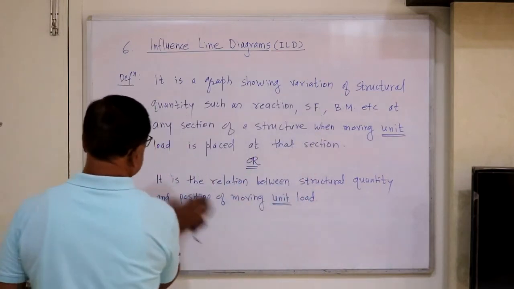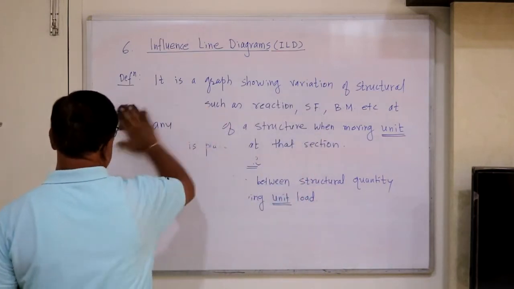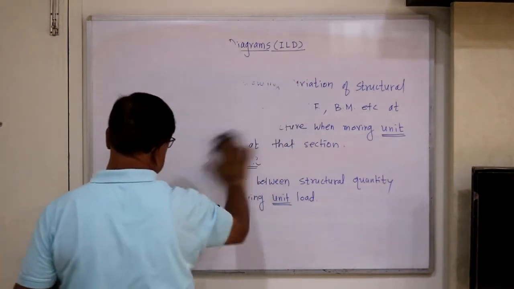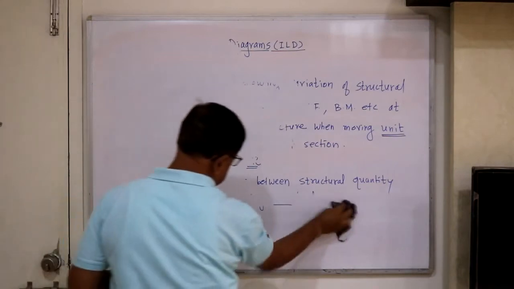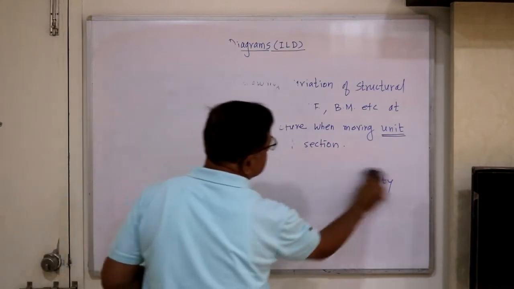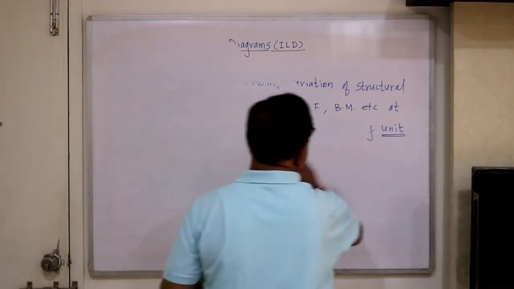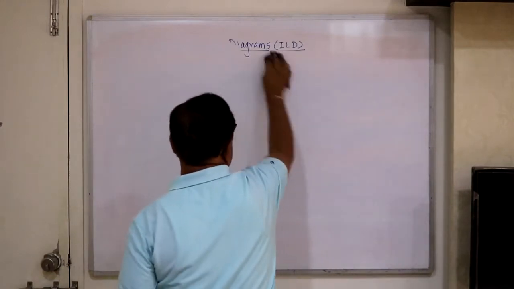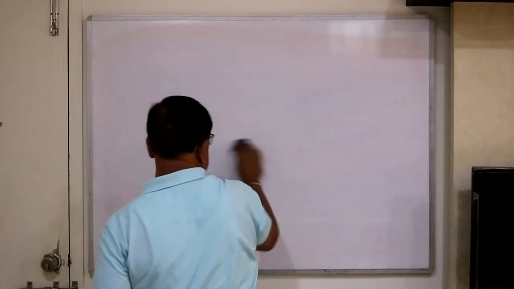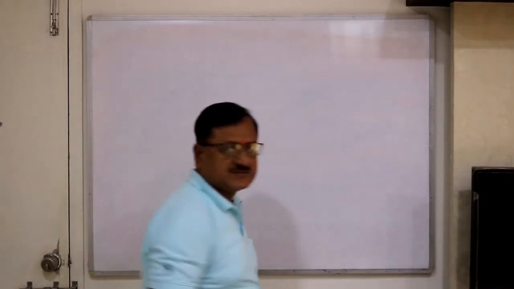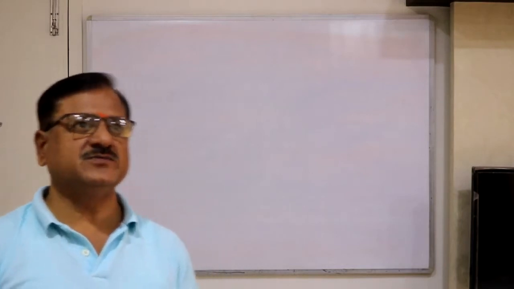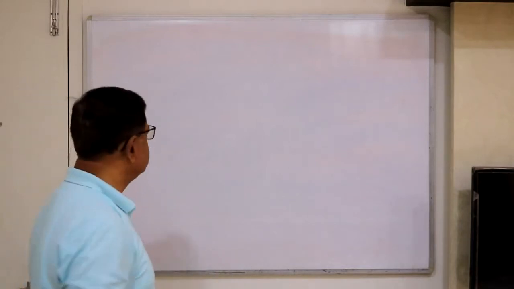Let's consider an example, say a simply supported beam. Initially we will construct influence line diagrams by calculations, and then we will see the Muller-Breslau principle. So without doing any calculations, how to construct influence line diagrams, that we will see.